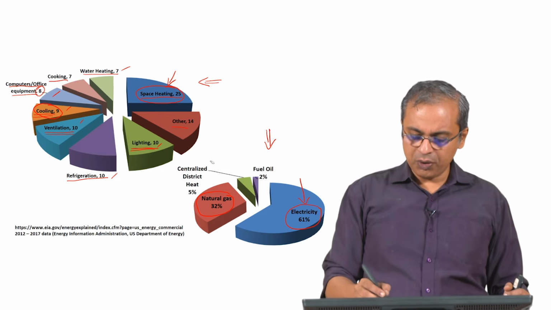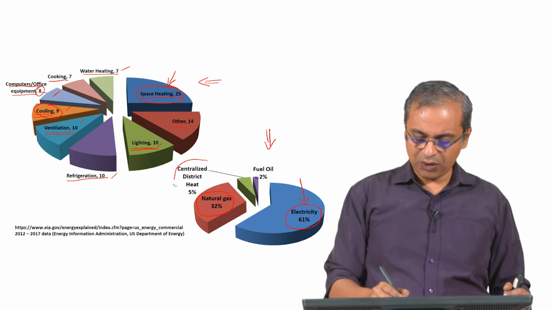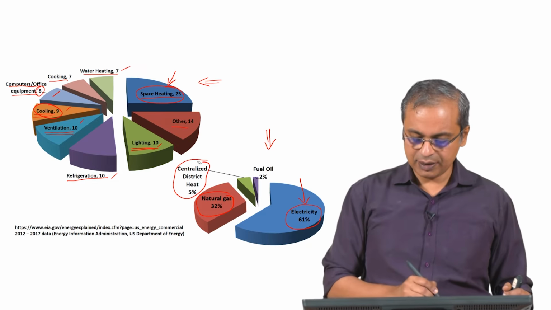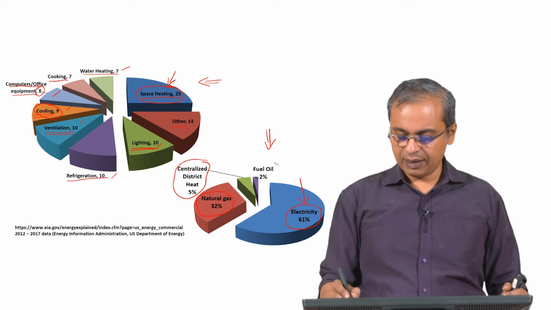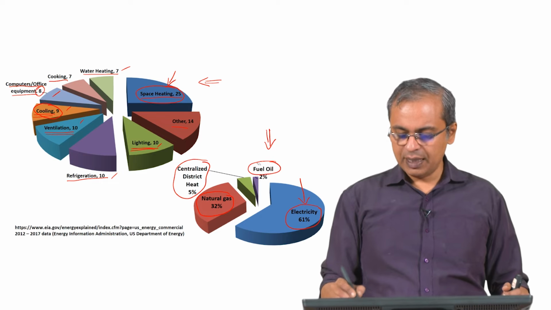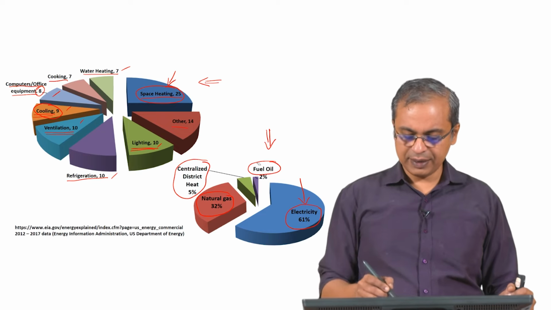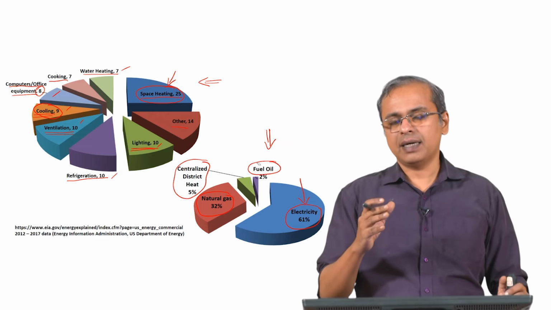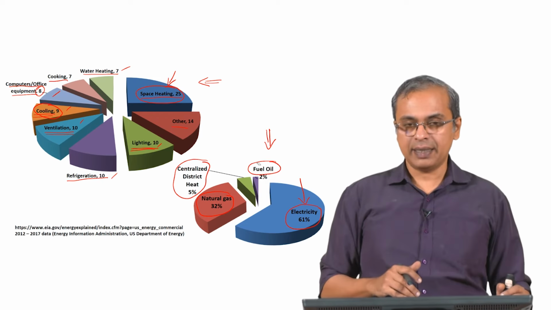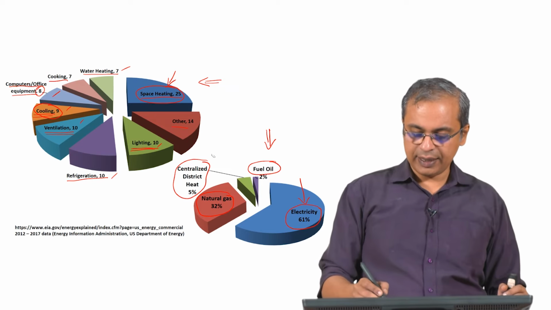There is also a small amount of district heat and fuel oil usage, which is not really relevant much in the Indian context. Fuel oil we also use in some ways for various purposes, but district central heating is more of a cold country oriented statistic, so not really relevant to us.